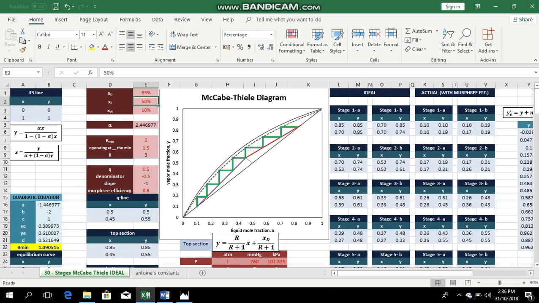So to start, we write: if the process is ideal, we mean 100% efficiency.